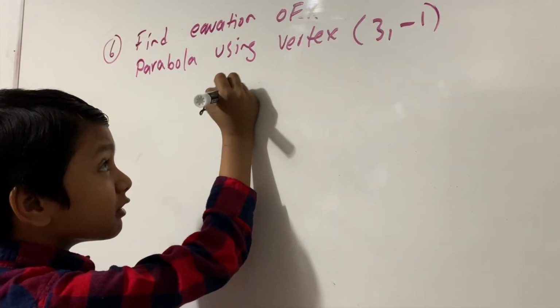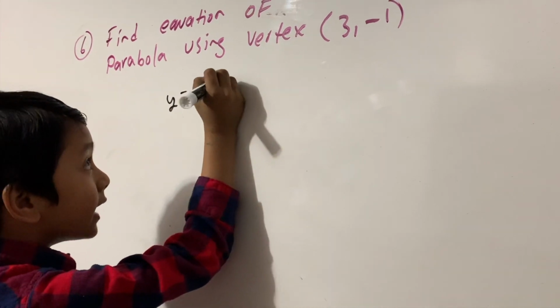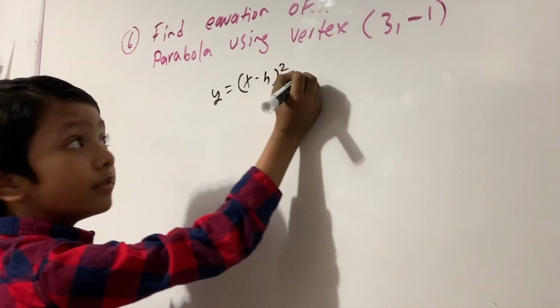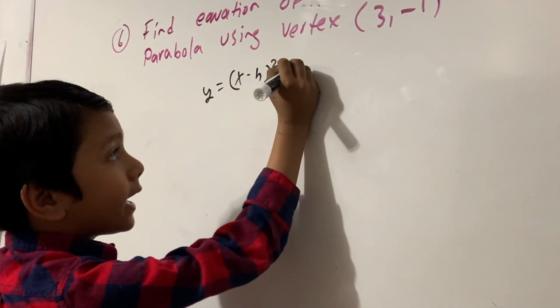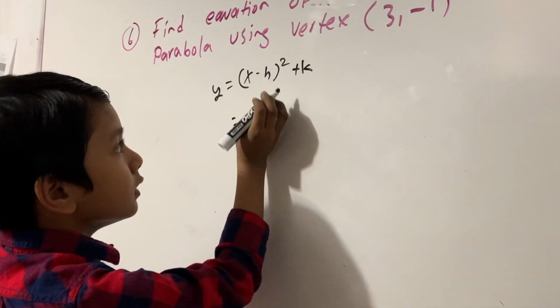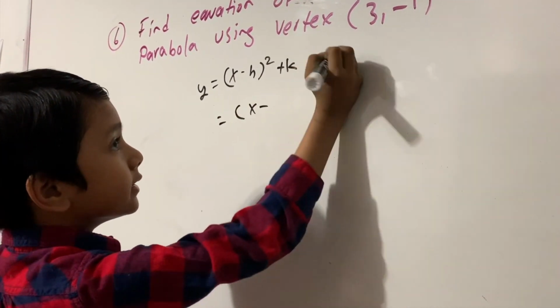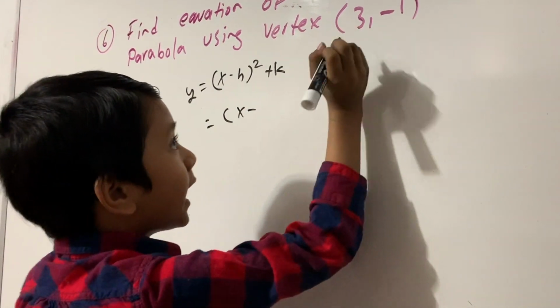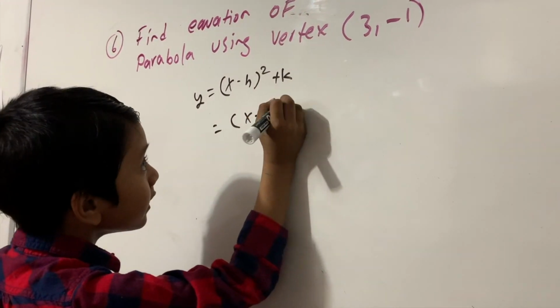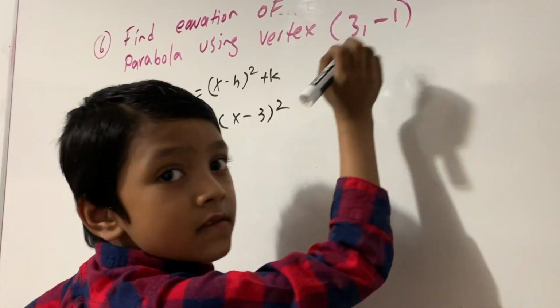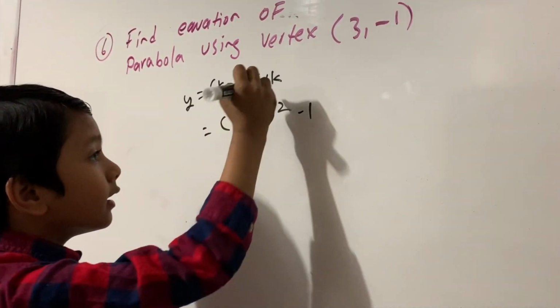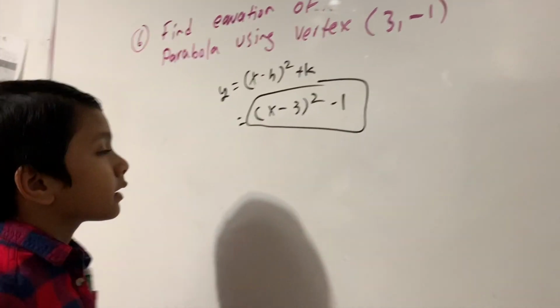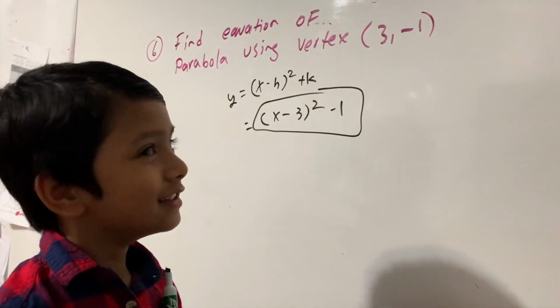And y equals x minus h squared plus k. This is h comma k, in this case h is 3, and k is negative 1. So this is what we get: x minus 3 squared minus 1.